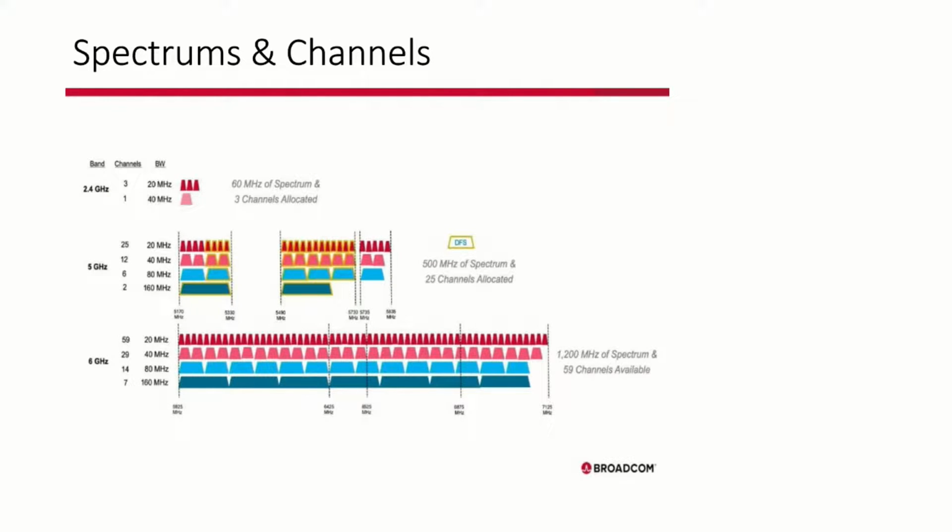So what these channel widths specify, or why you care, is because I'm sure we've all opened a Wi-Fi analyzer. If you haven't, I would emphasize that you do, because you look at your SSID, it's going to be this big long arc that takes up a certain size, right? The size of that arc is the channel width that SSID is using.